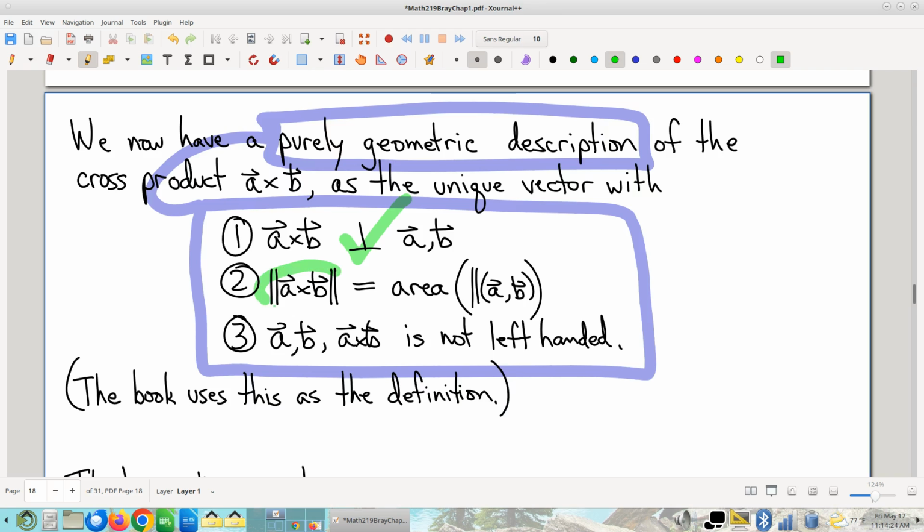Here's a statement about lengths and areas. That's geometric, right? Here's a statement about order of a list. Again, that's the three-dimensional version of clockwise, counterclockwise. That's geometric, right? So the cool thing about this little description right here is that this perfectly characterizes cross product, right? There is always exactly one vector that will satisfy this list of requirements, right? There is a unique cross product that satisfies these three requirements.